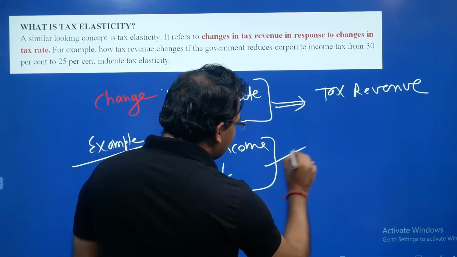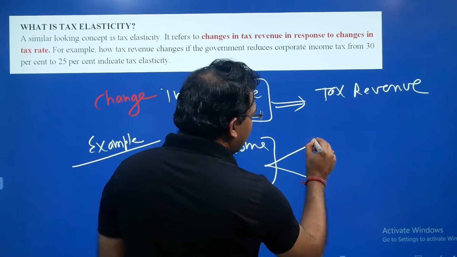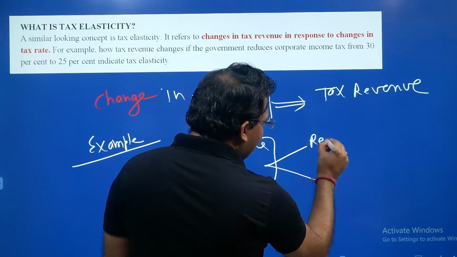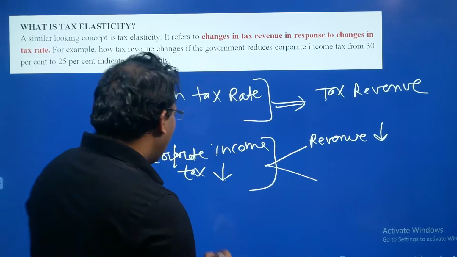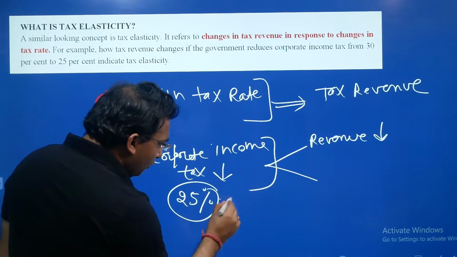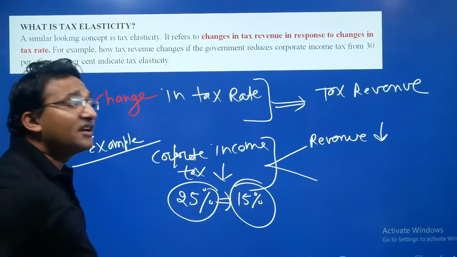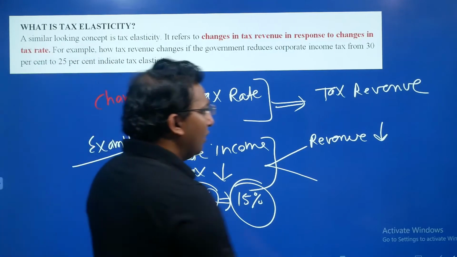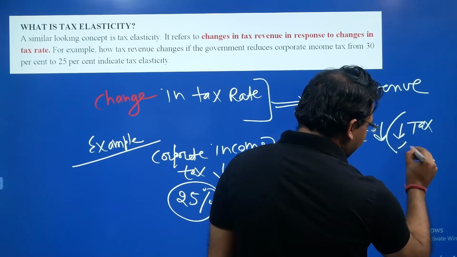So as a result, there will be two kinds of impact. First, the tax revenue will come down, because earlier the corporate tax rate was 25% and now the tax rate is 15%. So revenue will come down because of the decrease in the tax rate.